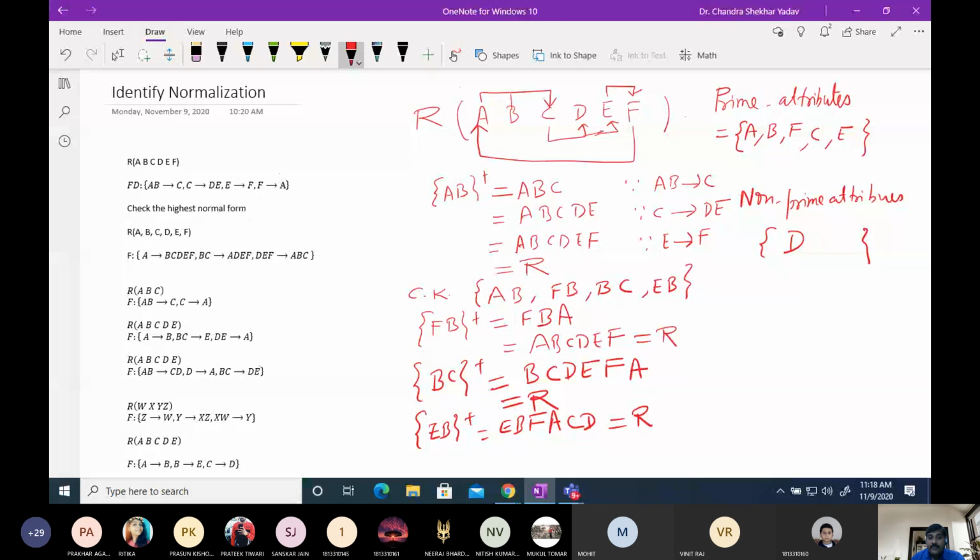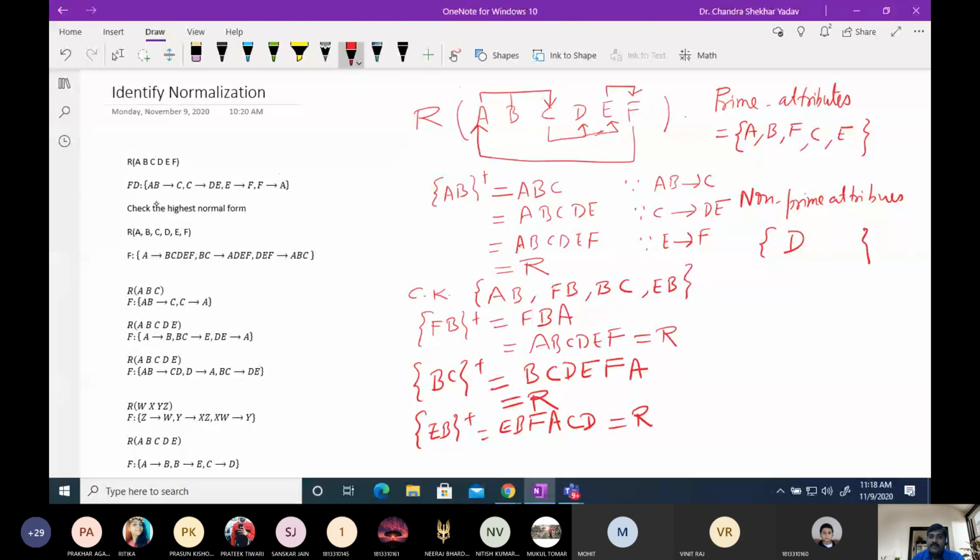Now we will check this R in reverse order. First we will see whether R is in BCNF or not. Then we will check whether R is in third normal form or not. Then we will check whether R is in second normal form or not. Why? Because we check the highest normal form.